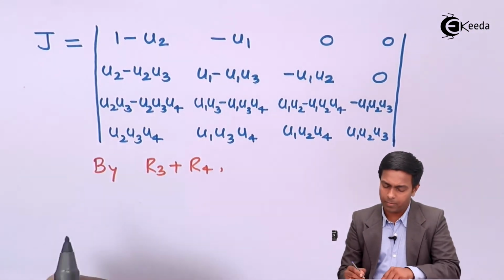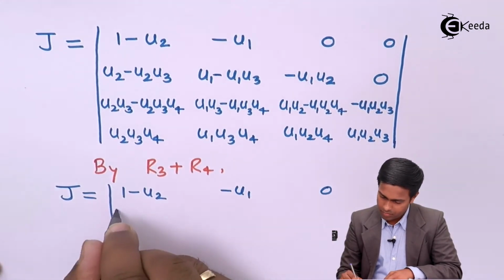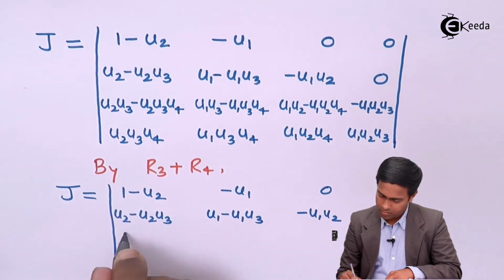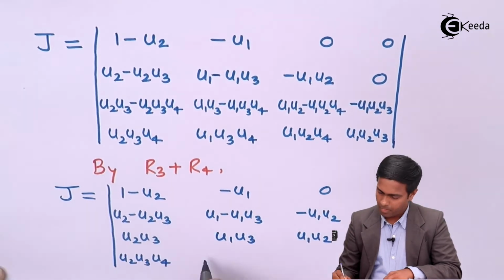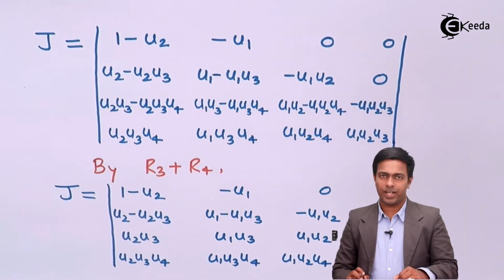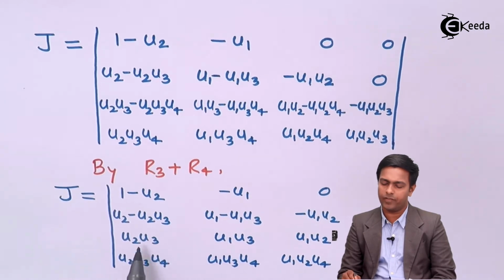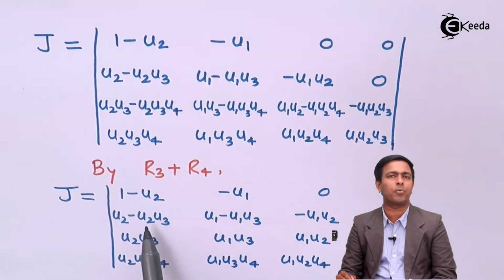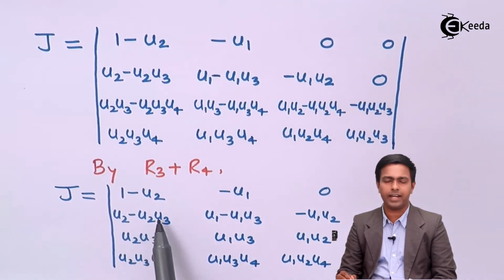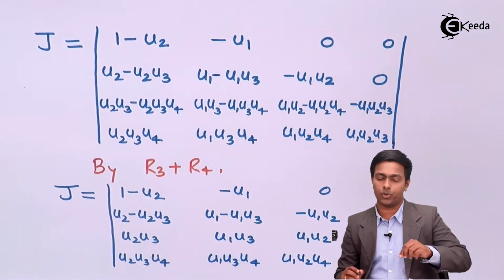So here I'll write down this J will be... Now guys, we'll reduce it further, and for that I'll add row 2 with row 3, because here again we have u2 u3 which is the same with opposite sign, so if we add it, that will get cancelled. So we'll add row 3 with row 2.